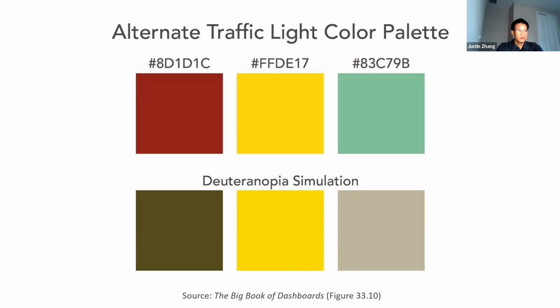If you have the ability to change the colors even more, try adding some blue to the green color. This adds even further contrast between the colors. The executives or stakeholders can have their traffic light colors, but you've accommodated people with CVD at the same time.